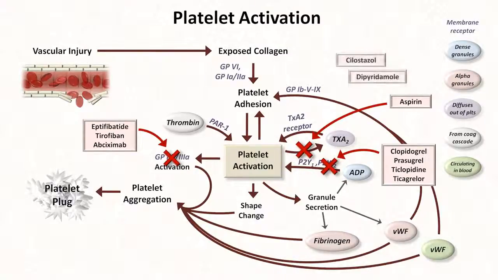The drugs dipyridamole and cilostazol are both phosphodiesterase inhibitors, which have somewhat more complex and obscure mechanisms, which partially involve modulating levels of cAMP and cGMP. Finally, although this new class of medication is not yet widely used, and thus I won't be covering it in this video, vorapaxar is an antagonist of the PAR1 receptor.